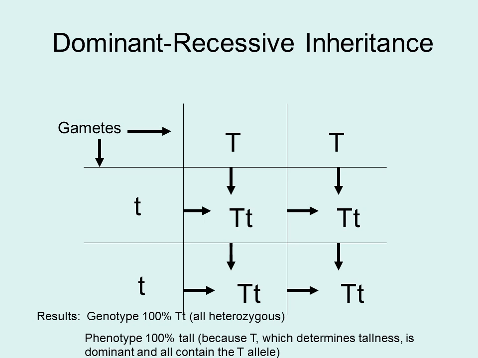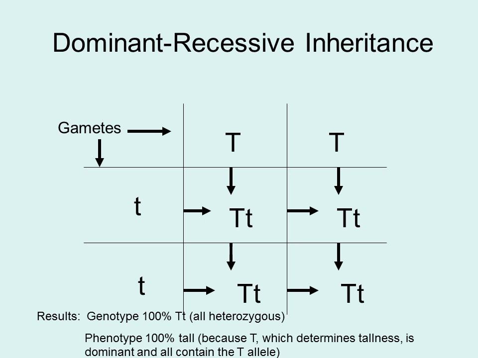As you notice, for the potential offspring, all 4 of those blocks are big T, little t. So you would say the genotype, remember genotype essentially are the letters, it's what's on the chromosome, would be 100%, 4 out of 4, big T, little t.